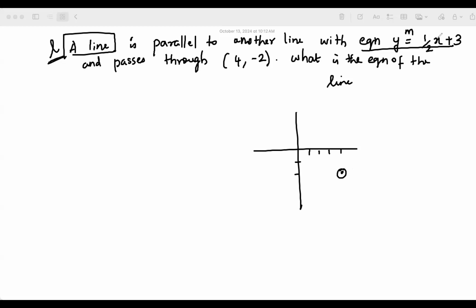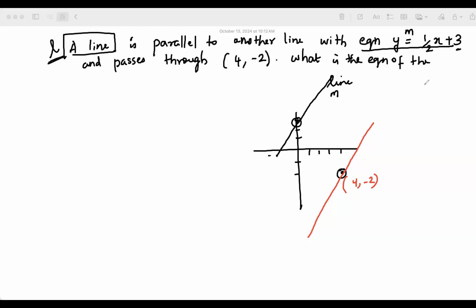My line is parallel to half x plus 3, whose intercept is 3. This is line M, my parallel line. The equation of the red line is what I want, because it passes through the given point 4 comma minus 2.